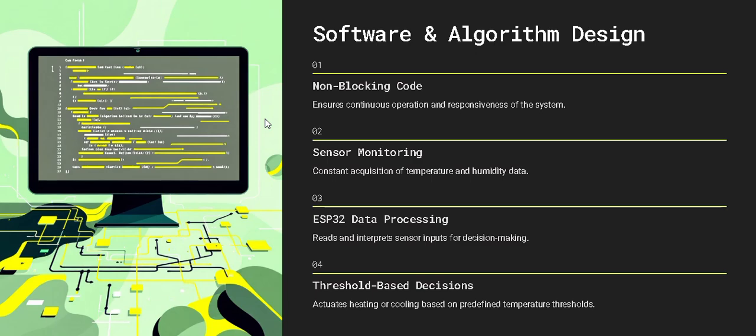The ESP32 continuously reads data from the DHT11 sensor. This data is then processed in real time. And third, threshold based decisions that will actuate heating or cooling based on predefined temperature thresholds.